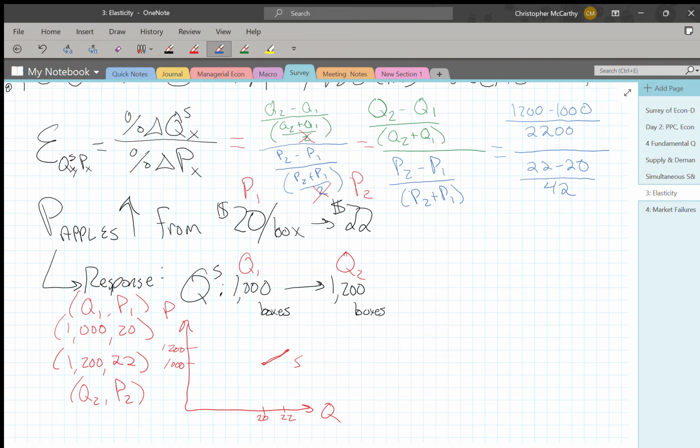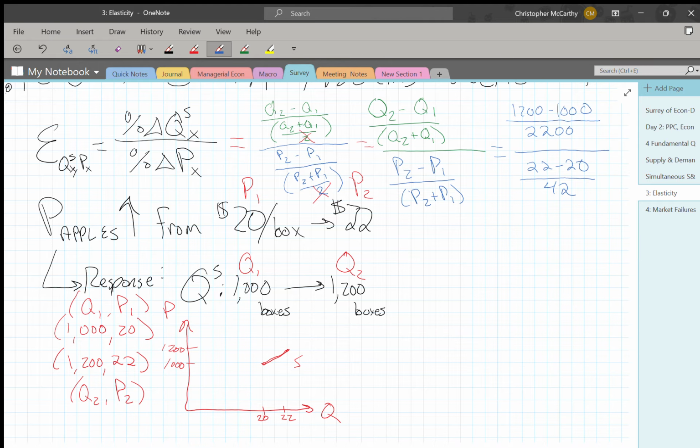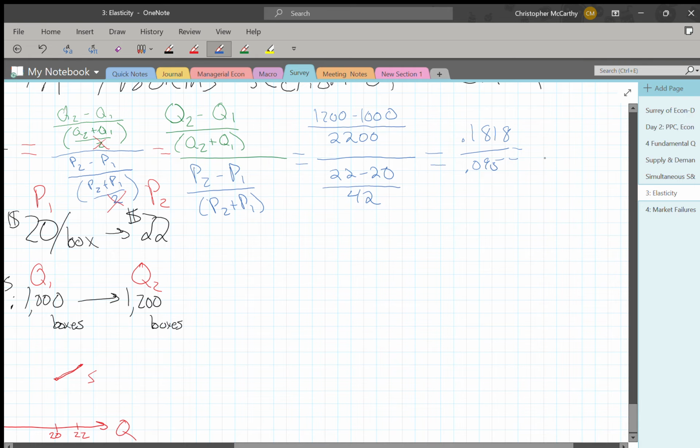This ends up giving us an answer of 0.1818 divided by 0.095, which gives us an answer of 1.91.